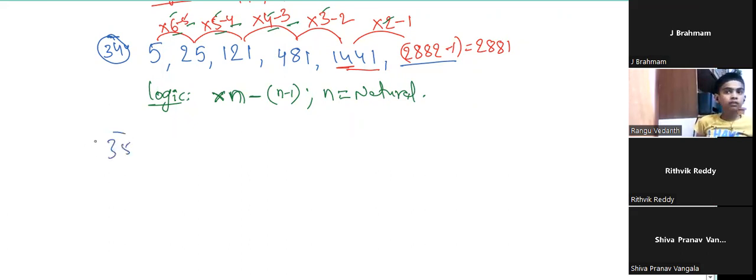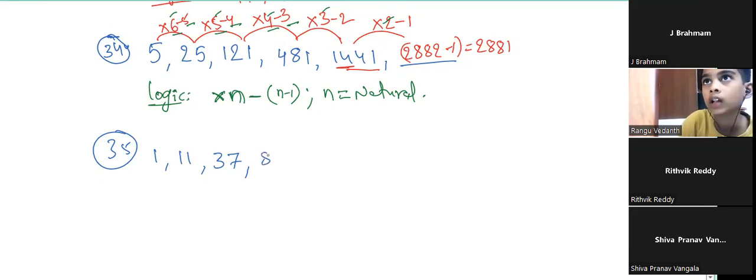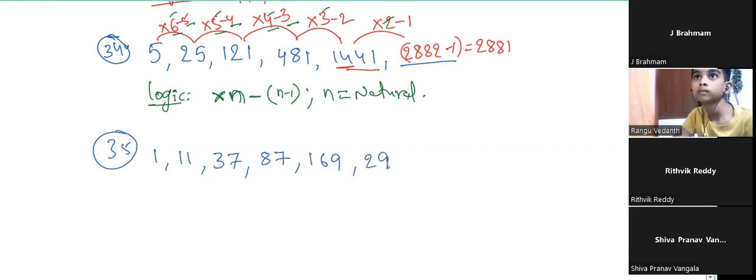Next, we'll see one more question. Try to tell the logic for this: 1, 11, 37, 87, 169, 291.